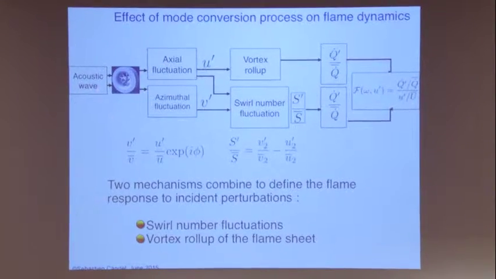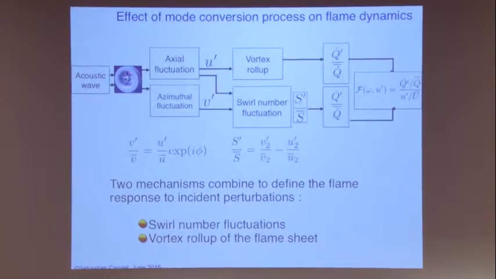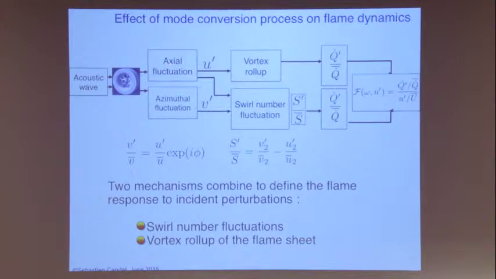So now the situation is that you have the acoustic wave, you have this swirler, axial fluctuations, azimuthal fluctuations, vortex roll-up comes in here and interacts with the flame. We've seen such a mechanism, produces heat release fluctuation. And here, the transverse velocity fluctuations are going to combine with these axial fluctuations to produce swirl number fluctuations. So here, you have something which modifies the swirl number.